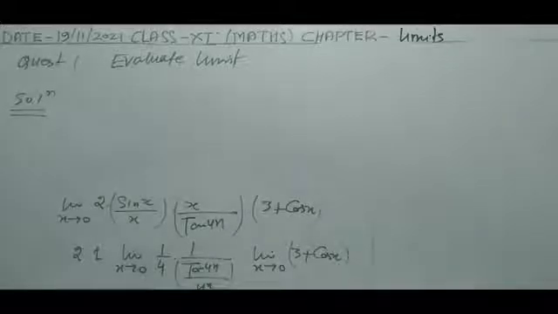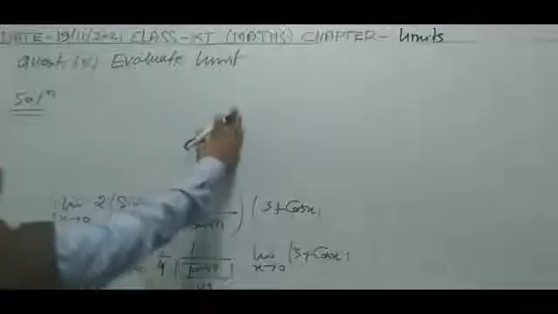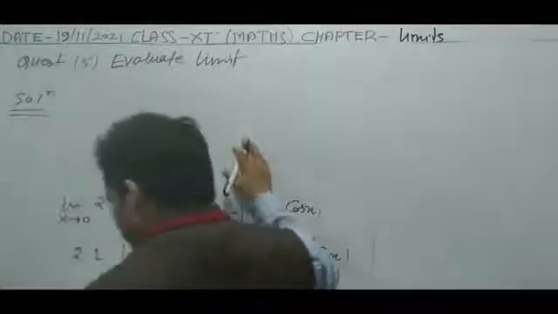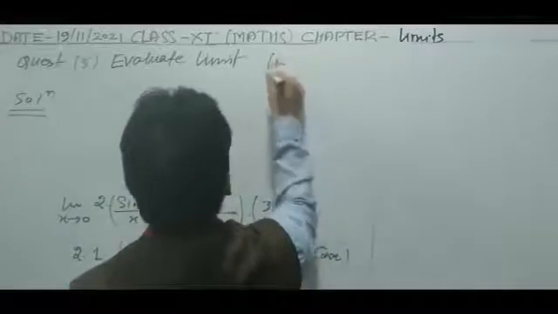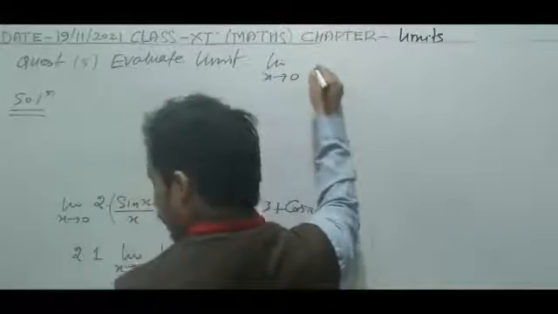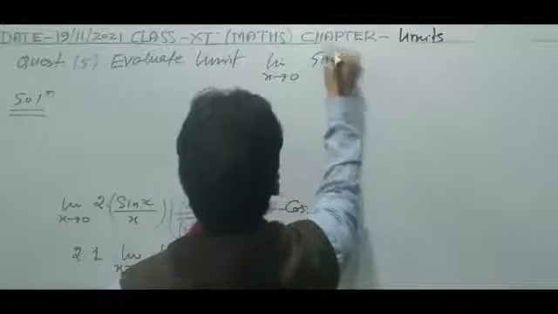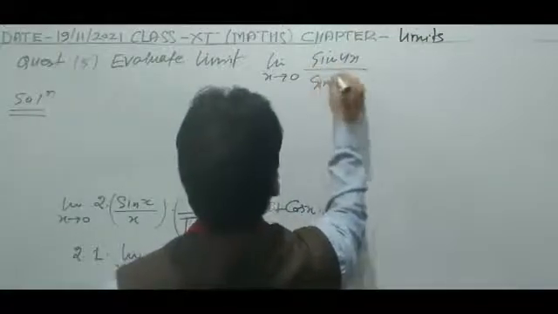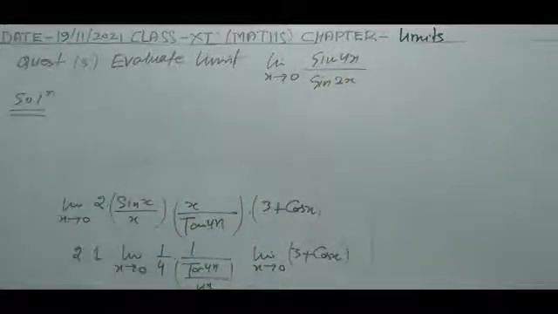Evaluate the limit: limit x tends to 0, sin 4x upon sin 2x. This is our question. Sin 4x upon sin 2x.